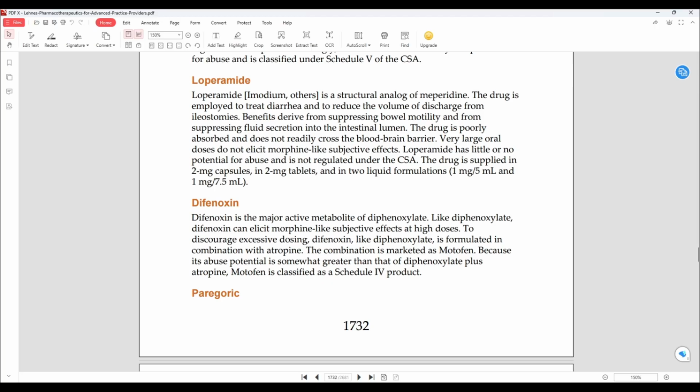Very large oral doses do not elicit morphine-like subjective effects. Imodium has little or no potential for abuse and is not regulated under the CSA. The drug is supplied in 2 milligram capsules, in 2 milligram tablets, and in liquid formulations, 1 milligram per 5 ml and 1 milligram per 7.5 ml.